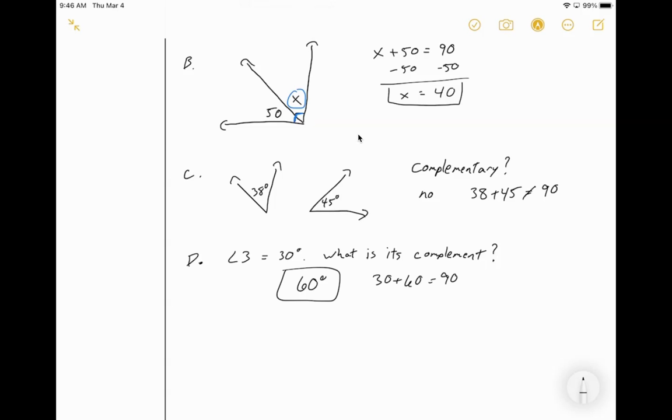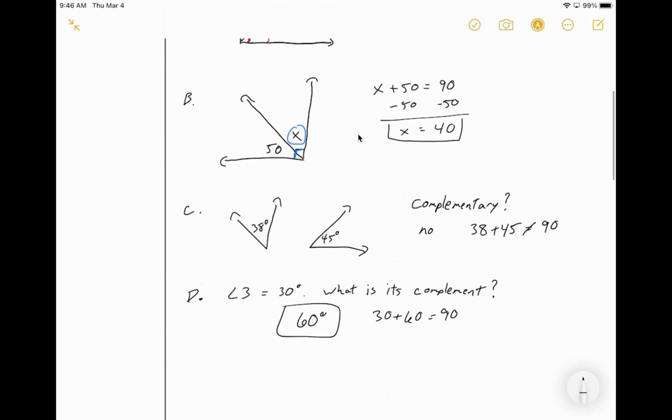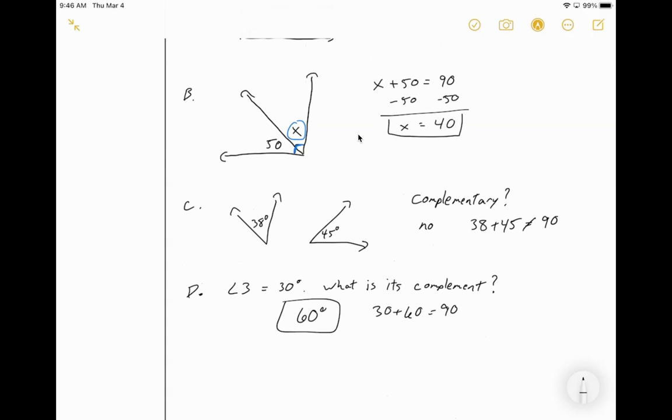Okay, so that's complementary. Complementary angles add up to 90 degrees. You're going to see problems that look like A and B, where you fill in what the answer should be, and ones like C and D, where it's asking is it complementary or what is the complement. It's some form of that, depending on how they word it. Okay, so let's move on.